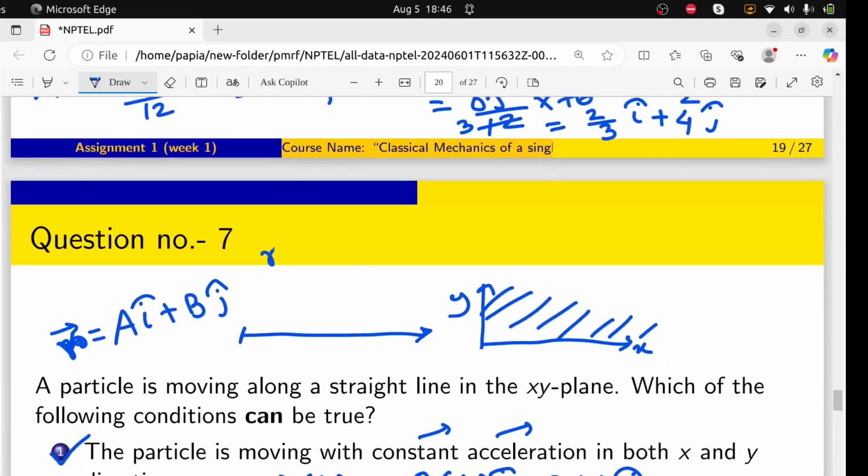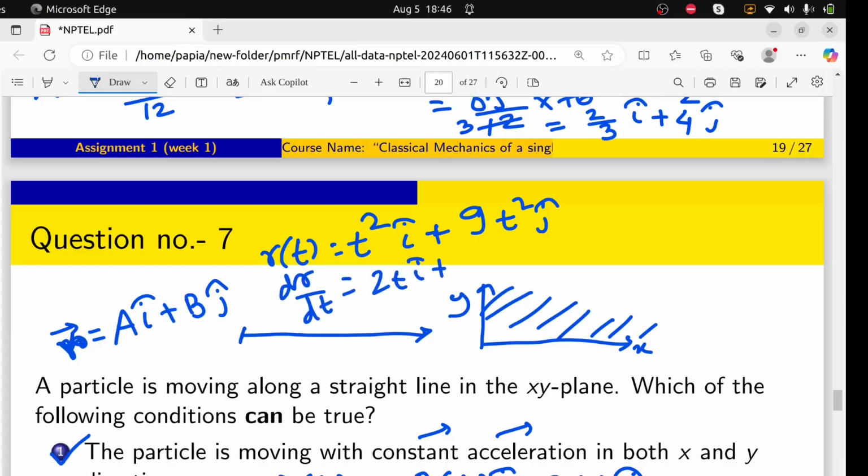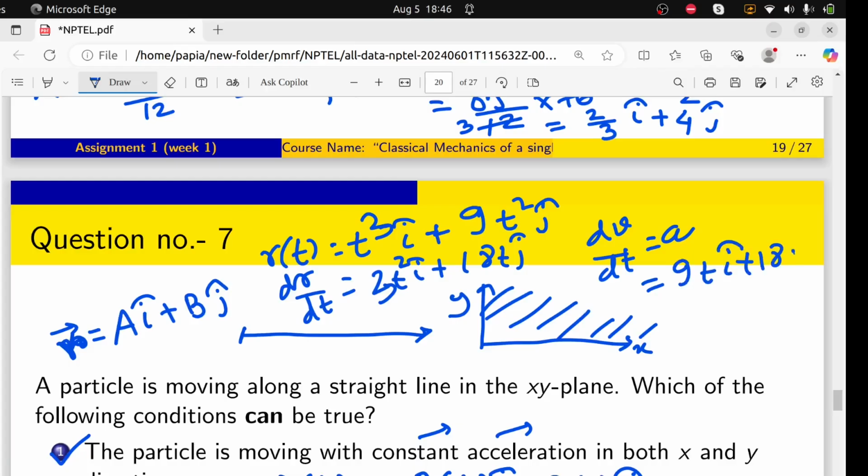Okay, so I am writing here, let's say r is t² i cap plus 9t² j cap. If it is like that, then acceleration means dv/dt. So dr/dt is t i cap plus 18t j cap, or let's say it is t³ and t², so it is 3t² and 18t. Now dv/dt, this is acceleration, that can be written as 9t i cap plus 18 j cap.